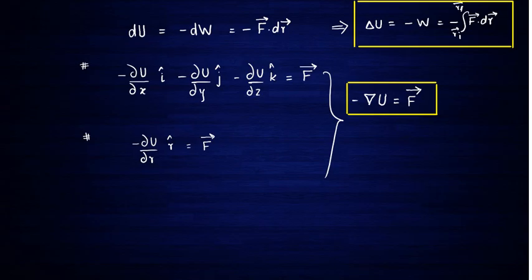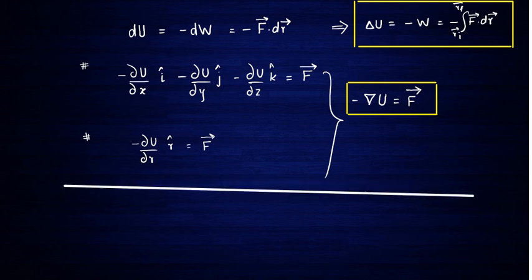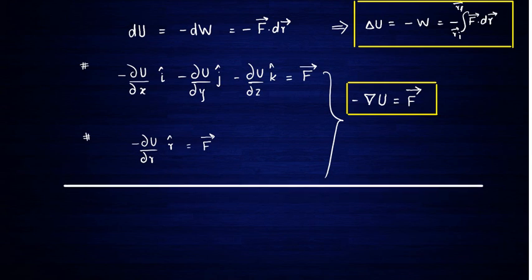Also, it is important to note the fact that the potential energy function is a function with which we can add or subtract an arbitrary constant. Meaning, let us say this is the potential energy function. Let us say u is equal to mgh. So potential energy here is depending only upon the height.